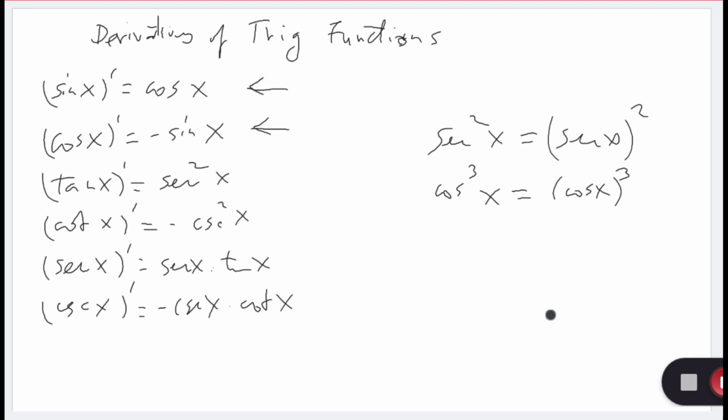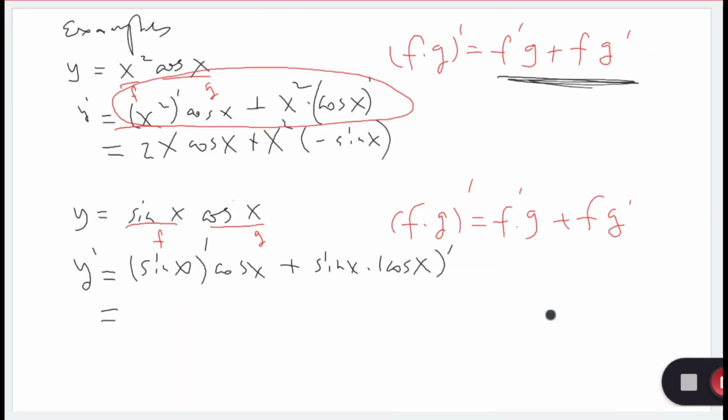Derivative of sine is cosine. So we have cosine x times cosine x. And the derivative of cosine is a negative sine. We apply the formula up here. So this will be the answer.